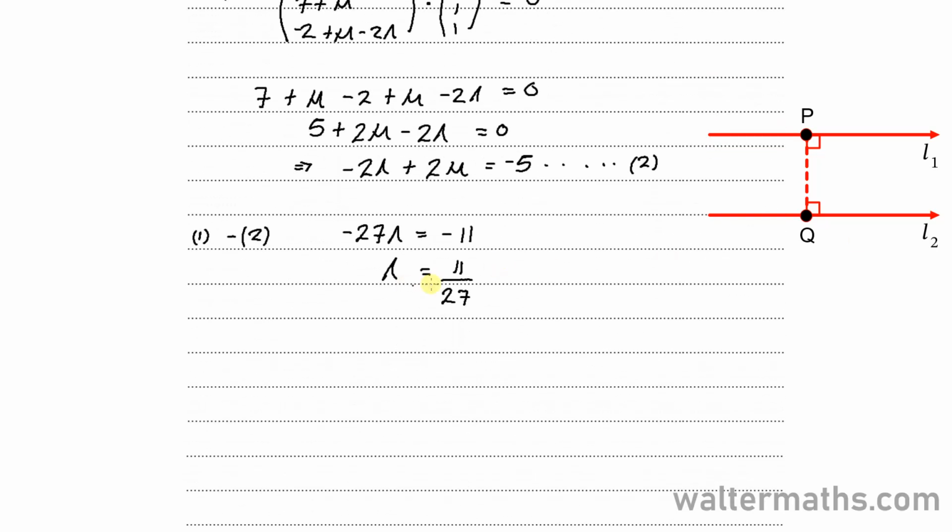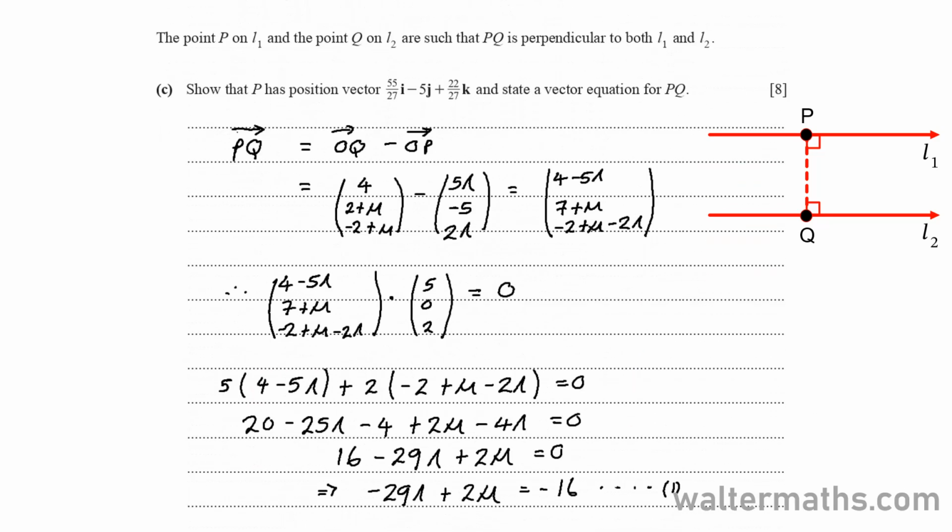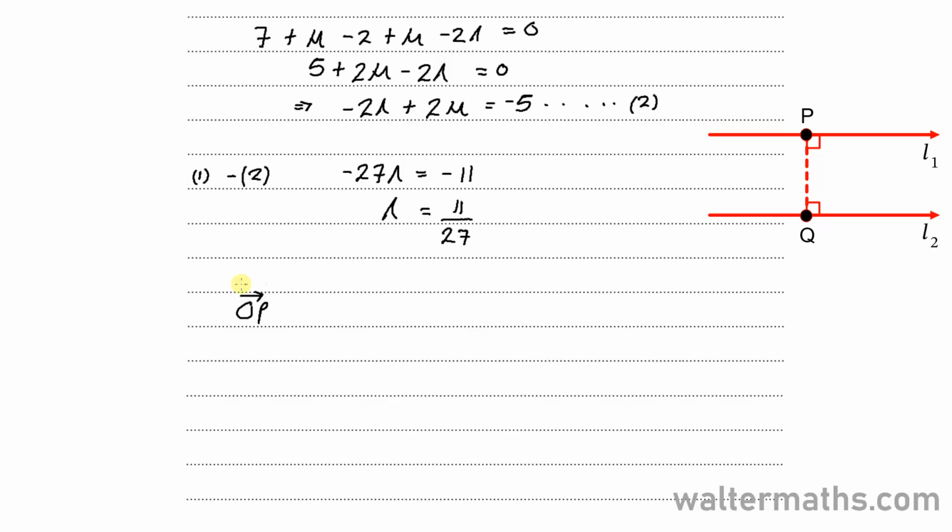Now here, since we got the value of lambda, let's find OP. Because the question here was saying, show that P has position vector this. So the position vector of P is OP. And remember we said that OP has the form 5 lambda minus 5 and 2 lambda. So let's have that OP is 5 lambda minus 5 and 2 lambda.